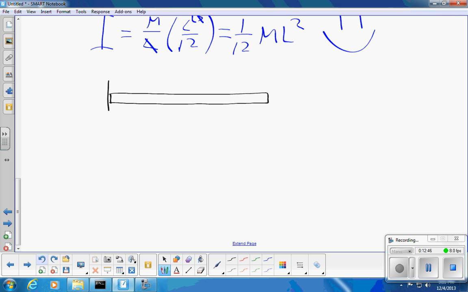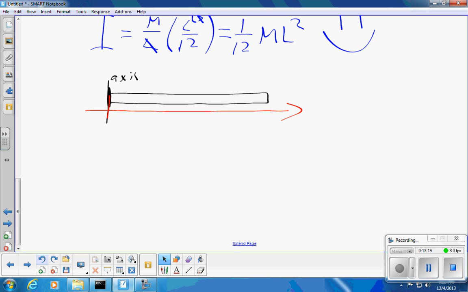I'm going to put the axis on the left-hand edge, because if you make your conventional coordinates, basically what you're going to do here is the same derivation we just did, except you're going to put the origin where the axis is. It's just going to basically change the limits. And what I'd like you to do is show yourself that when you change the location of the stick and put the axis on one edge, instead of getting 1/12 ml squared, you get 1/3 ml squared, and that will be consistent with the experiment that you did earlier.